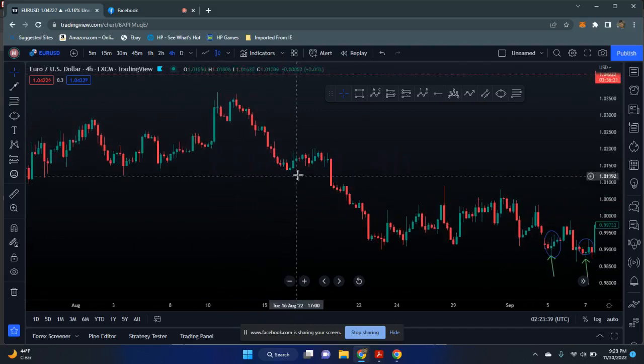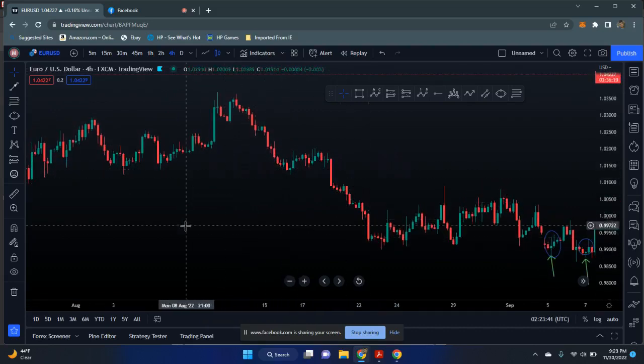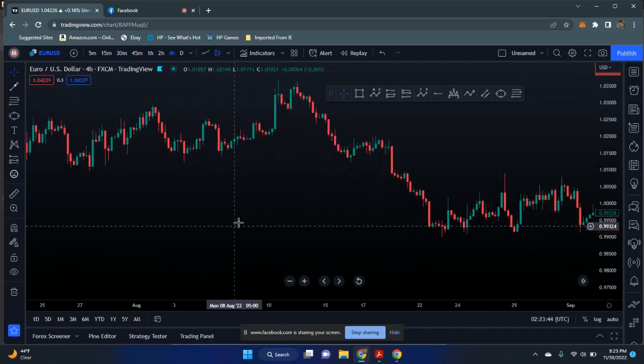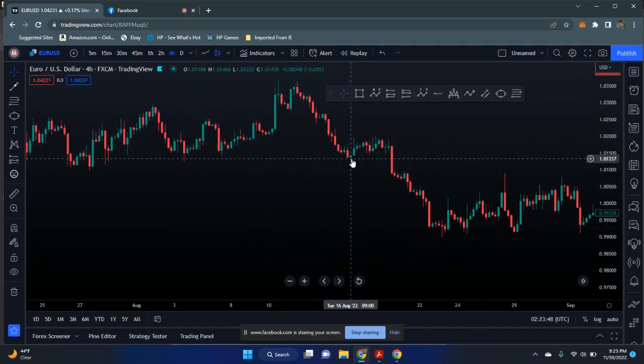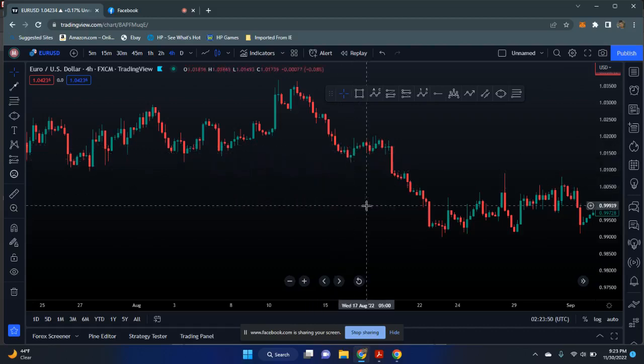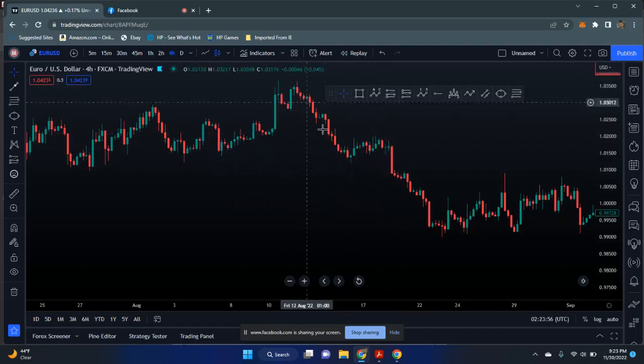This was a failed morning star because she actually came down, so I'm not going to circle that one or identify it. That could have been a good bullish confirmation if she would have gone the way the market wanted to. This was just really a retracement from that sale.